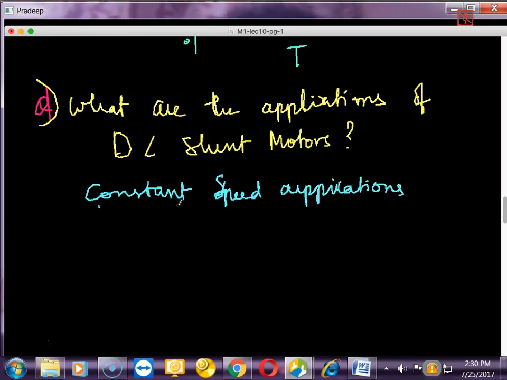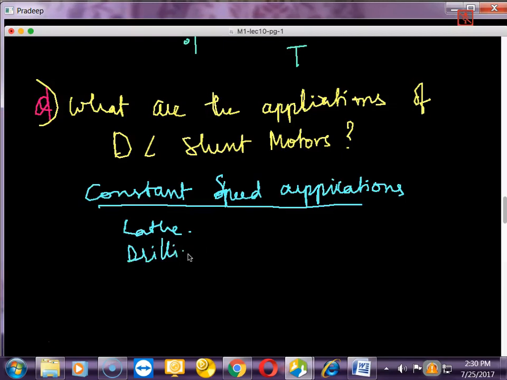So what are the constant speed applications? For example, in industrial use, lathe machines, then we have drills and spinning machines.